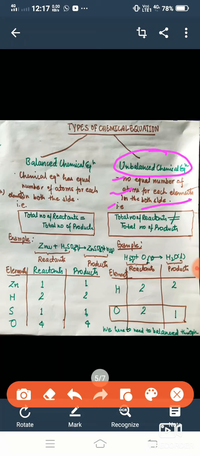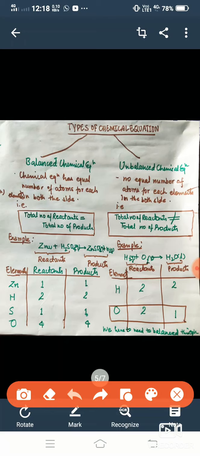That is, we can say that the total number of reactants is not equal to the total number of products. Let's take one example. Here hydrogen gas reacts with oxygen gas to form liquid water. So let's see whether this is a balanced or unbalanced chemical equation.